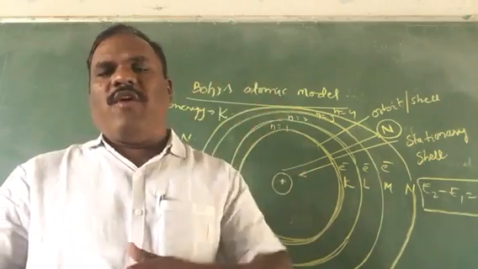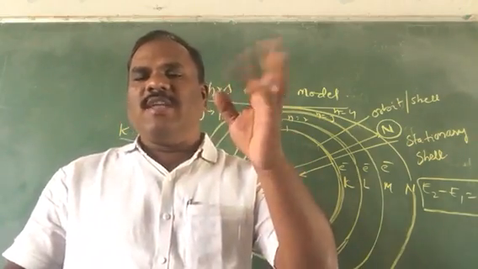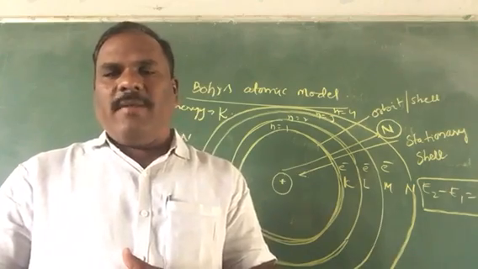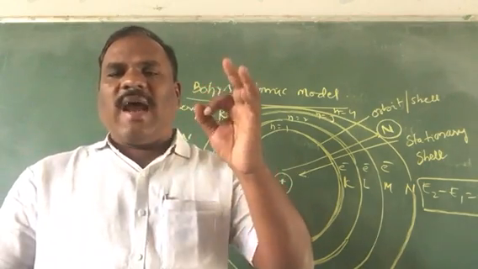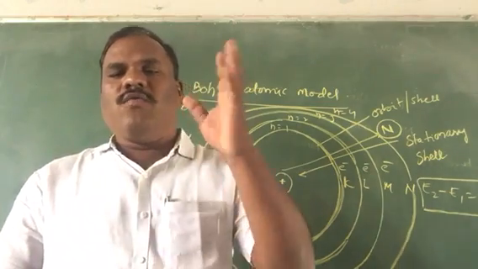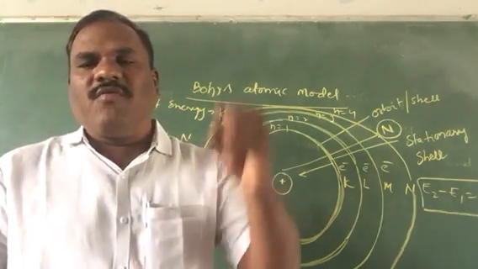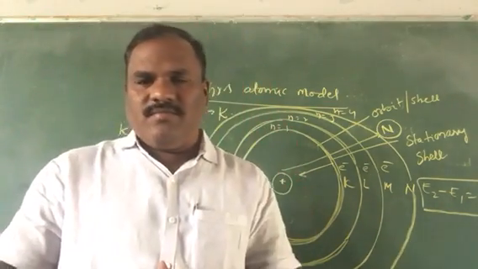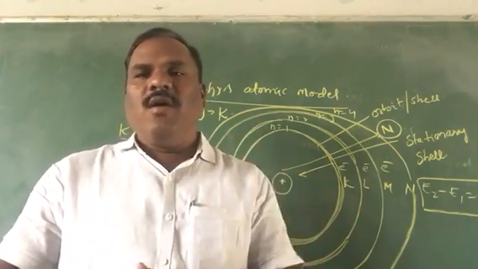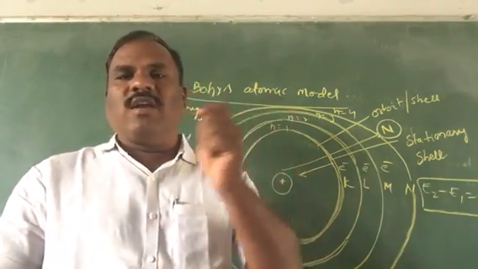The Bohr model failed to account for the splitting of light spectra. Especially, this model failed to account for the atomic spectra of atoms with more than one electron. So it could not explain the atomic spectra of higher elements which have more than one electron.